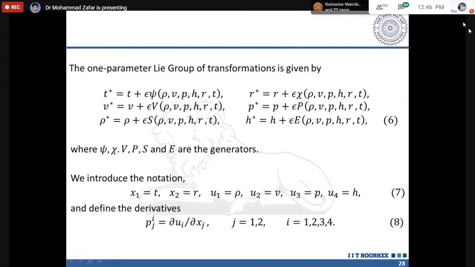Now we introduce the notation given by 7: x1 is T, x2 is R, and so on, u1 is rho, and lastly u4 is H, and define the derivatives Pij equal to del ui upon del xj, where j is 1, 2, corresponding to the independent variables, and i is from 1, 2, 3, 4, corresponding to the dependent variables.